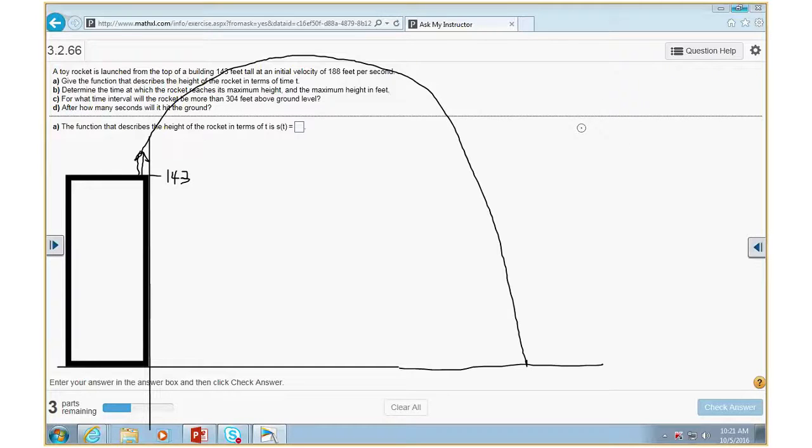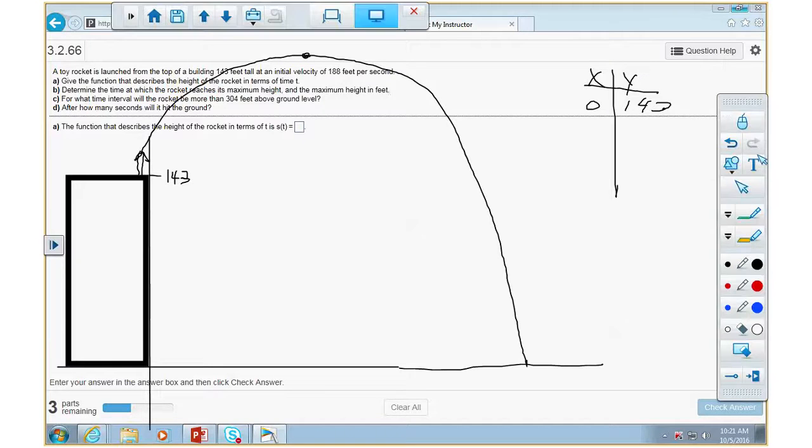If you wanted to put it in terms of pre-algebra, there's your x, there's your y. This point right here, where the rocket is at 0 and 143. So common sense tells you that this point right here is going to be what? Above 143. Now, I have no idea what the question's asking. I'm just setting it up to where I can understand what's going on, which is the first step of an engineer.